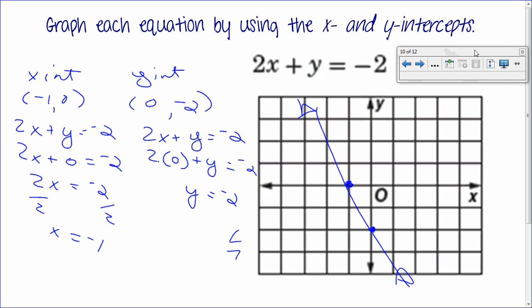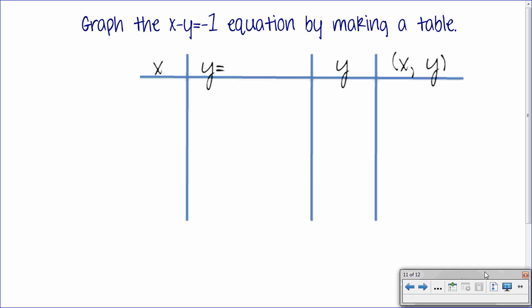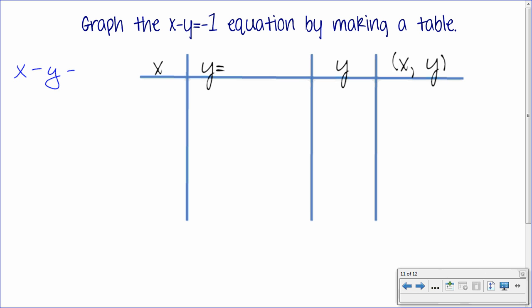Okay. So do we use that equation for creating the table? Now, that's what I'm fixing to talk about. Graph the x minus y equals -1 equation by making a table. Now, if I'm going to use the table, my equation has to be in what form?